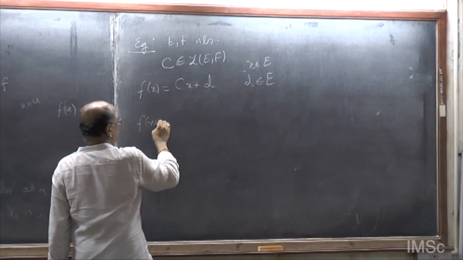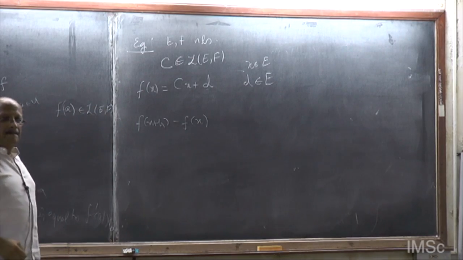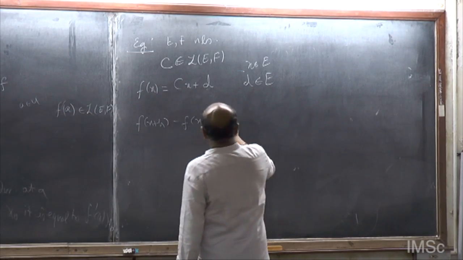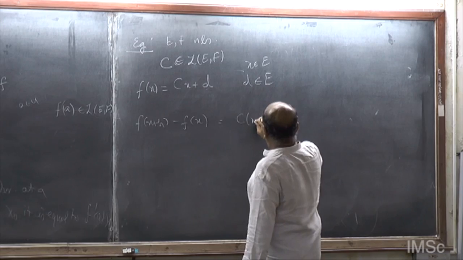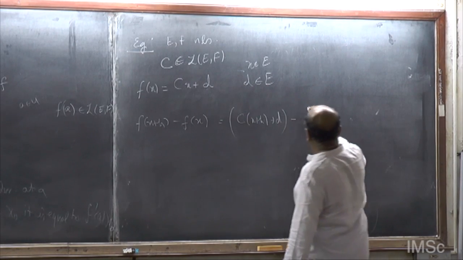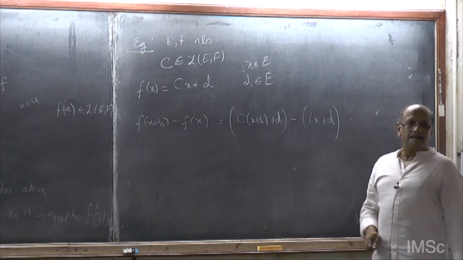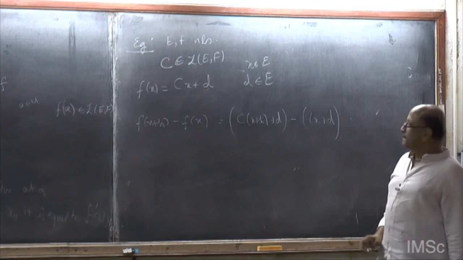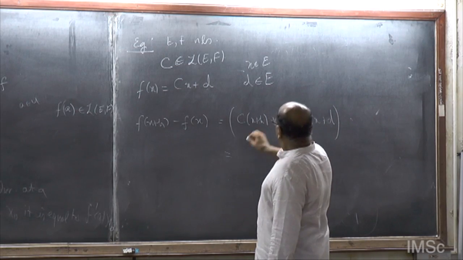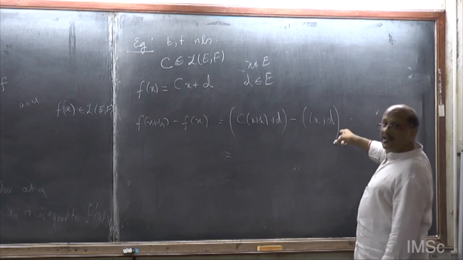So, what is f(x+h) minus f(x)? This is C(x+h) plus d minus C(x) plus d. So, C(x) will cancel, d and d will cancel.